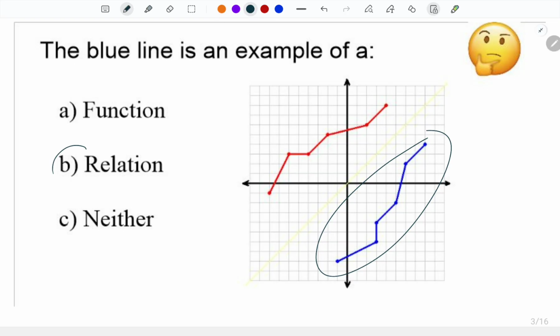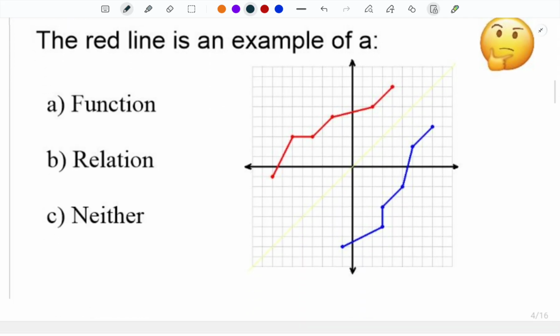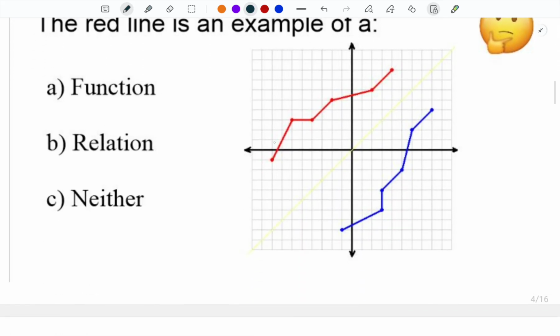So that is just a relation. All functions are relations, but not every relation is a function. In comparison, with the red one, wherever you draw a vertical line, each vertical line only crosses that red graph once, so it is a function.